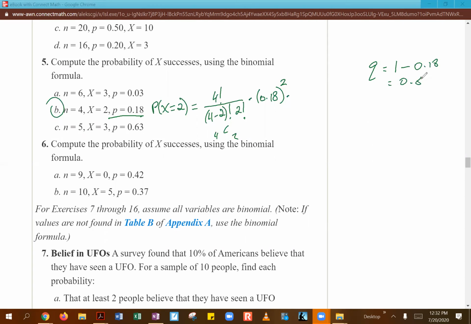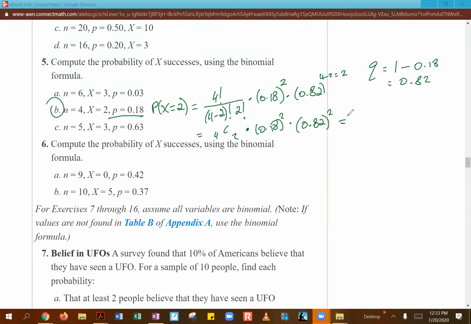So that's 0.82. And remember, that's n minus x. So basically your exponent would be 4 minus 2, which obviously also comes out to be 2. So you're basically taking the combination with 4 and 2, and then you are taking 0.18 raised to the second power times 0.82 raised to the second power.